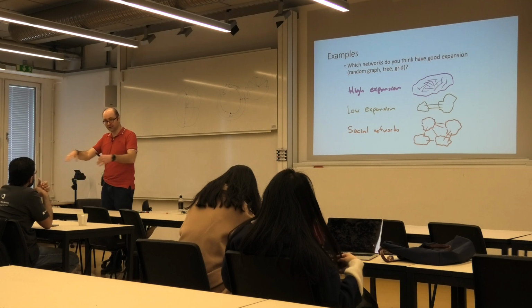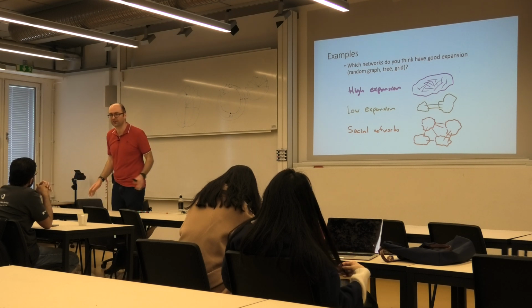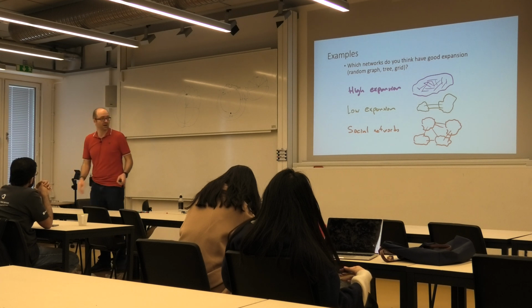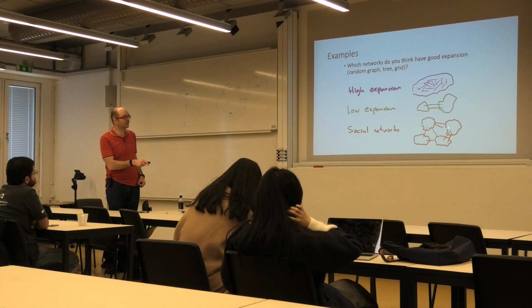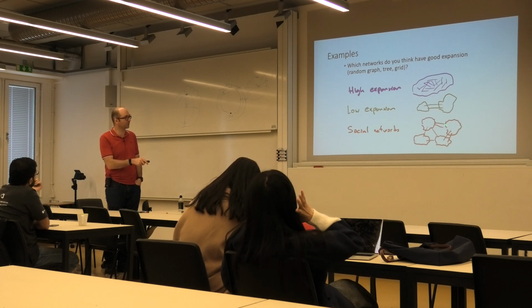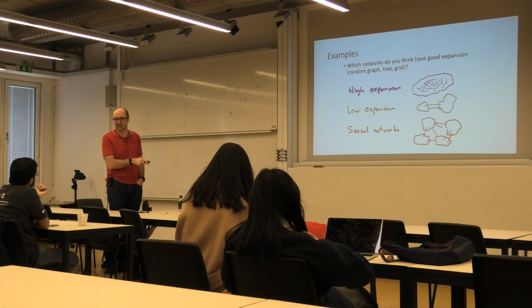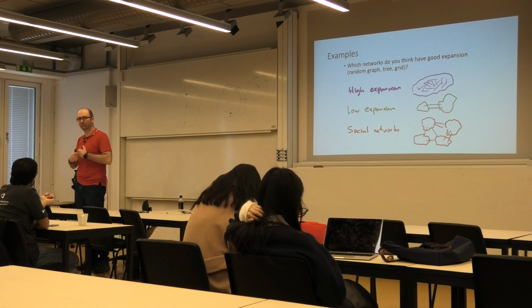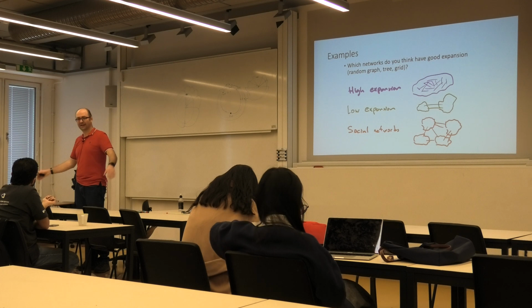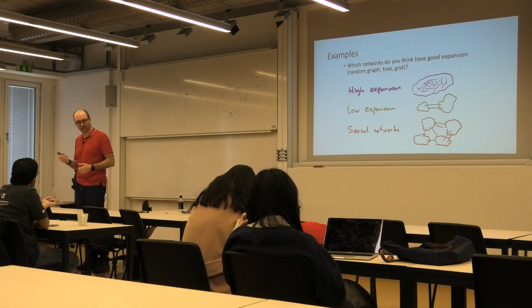If it is a good expander, it will reach everything very quickly in a few hops. While if you do it in some social graph, it will maybe very quickly reach the boundaries of your cluster, and then you'll have to propagate a bit slower to the other clusters, and it will take time to propagate across the network. So that would say it's not a very good expander.